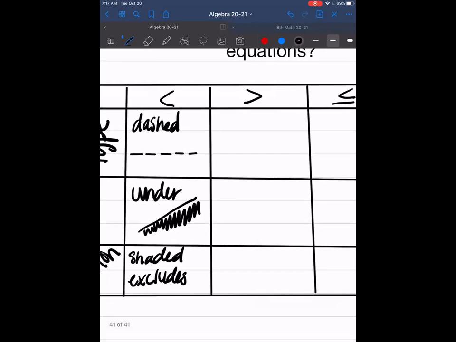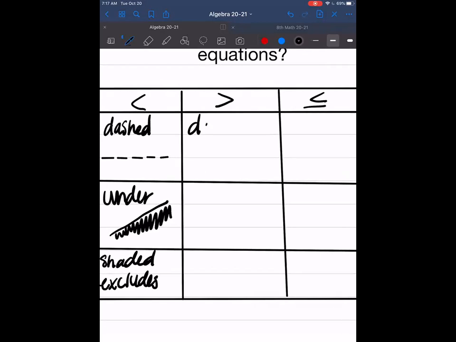So greater than is also dashed. Also a dashed line, like so. And when we shade for our solution set, it will be above the line. So if I have a line, we'll pretend it's this way, you're going to shade here, above the line, and those would be dashed lines.